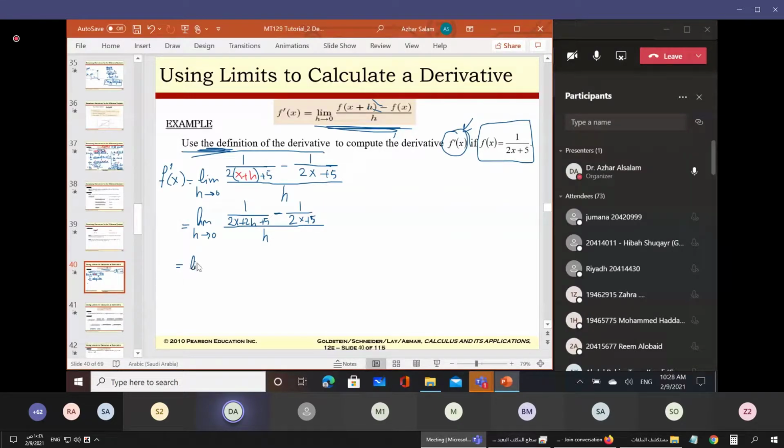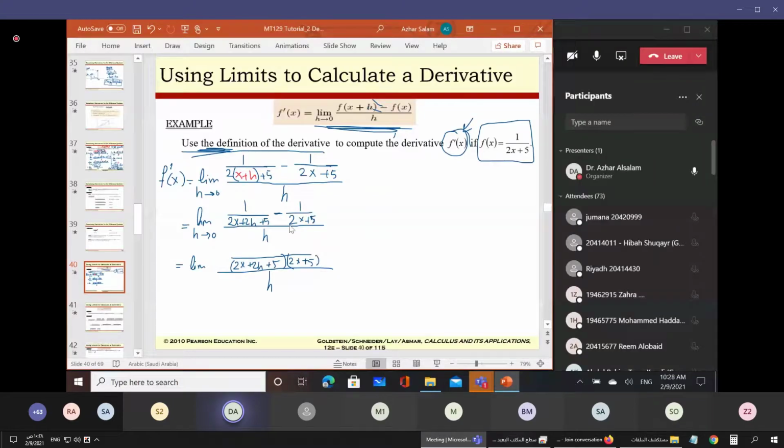We need to unify the denominators. Limit. Here a big quotient all divided by h, and the common denominator will be 2x plus 2h plus 5 multiplied by 2x plus 5.